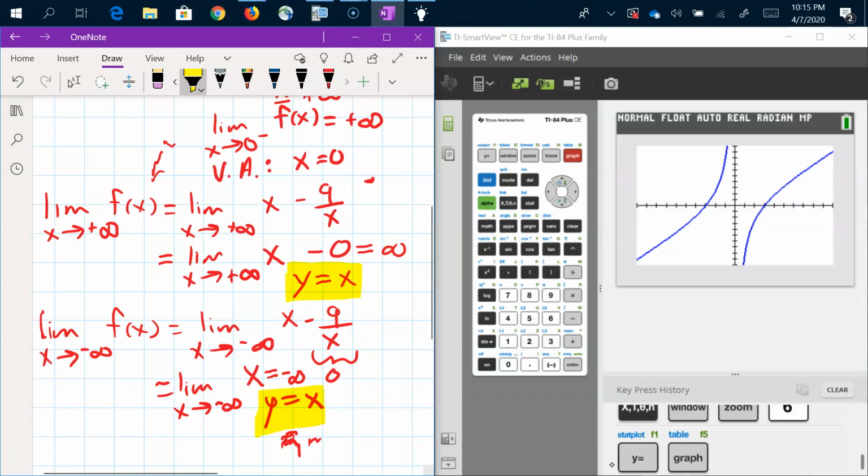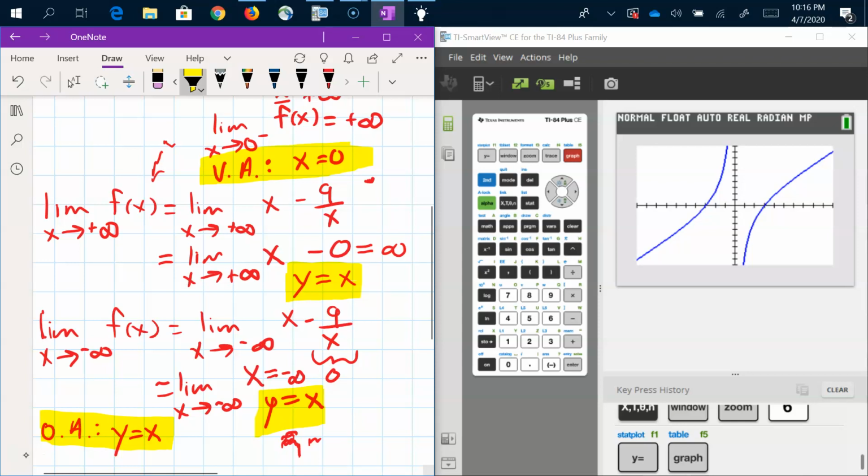Alright, so our oblique asymptote is going to be y equals x. And our horizontal asymptote we don't have, but our vertical asymptote is going to be x equals 0.